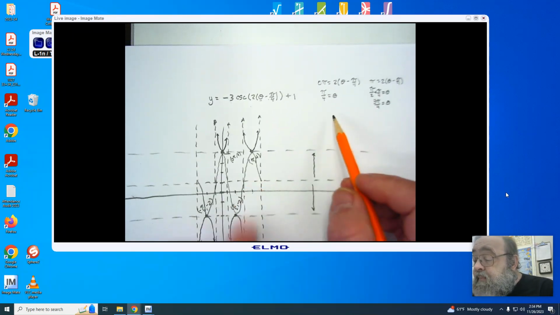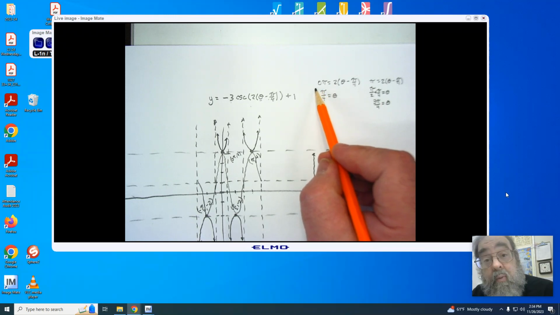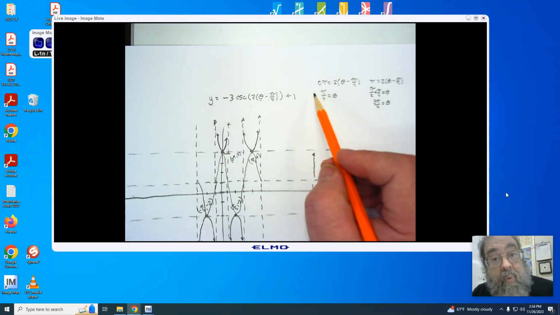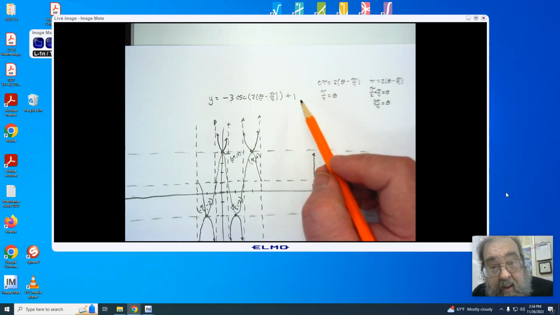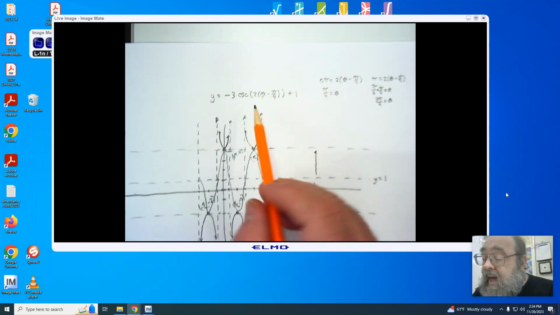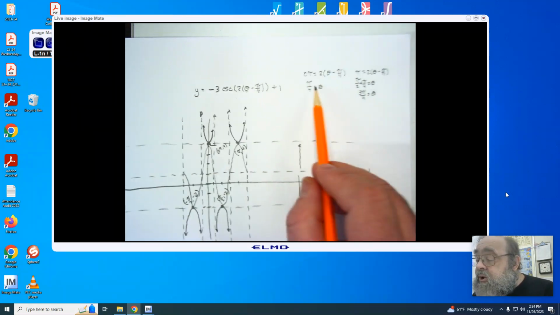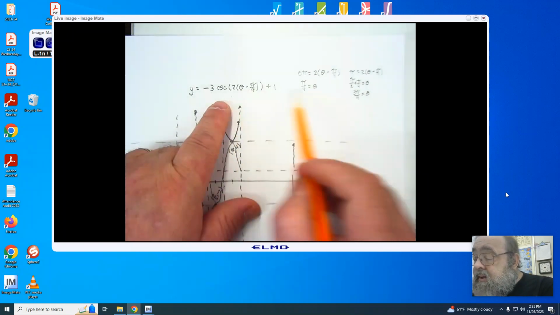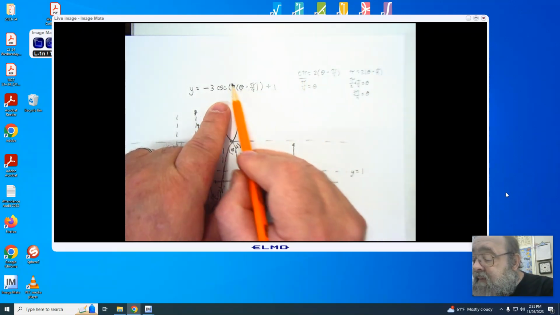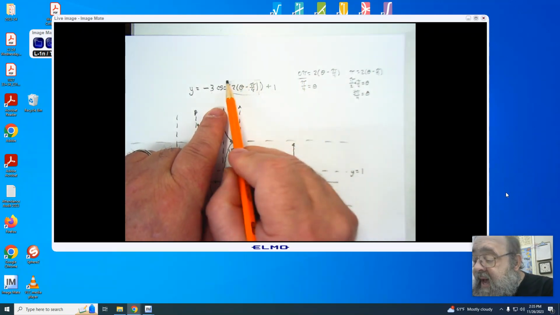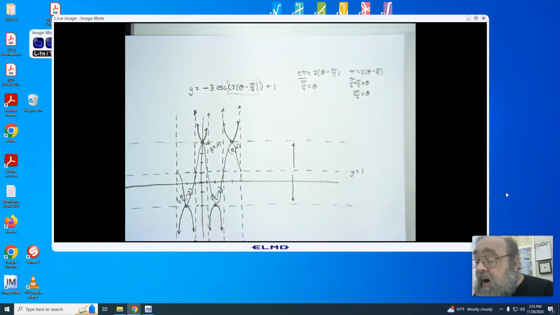We can do that by setting our asymptotes, known locations, 0 pi, pi, 2 pi, 3 pi, 4 pi, with our curve equation. So we're going to set 0 pi equal to our first equivalent of that, 2 times theta minus pi over 4.